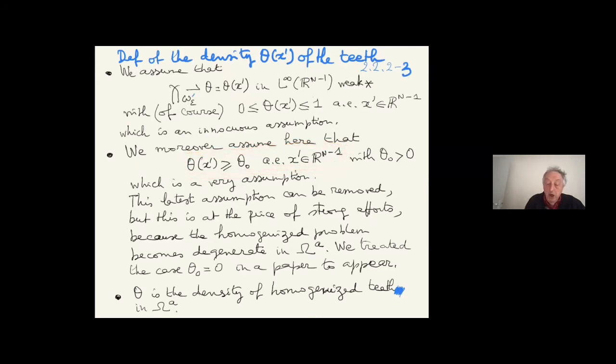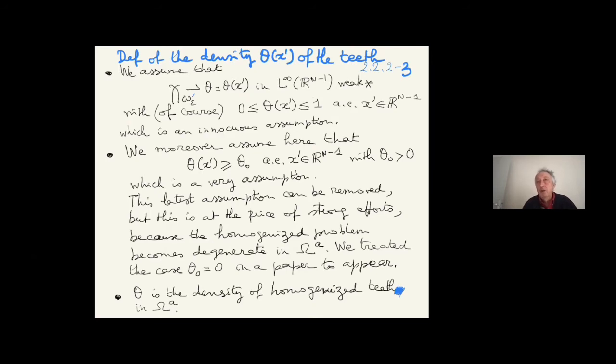Okay, what is theta? Actually, theta is the density of the homogeneities in omega_A. As a reminder of what omega^epsilon was: at the end, the teeth are more and more numerous.